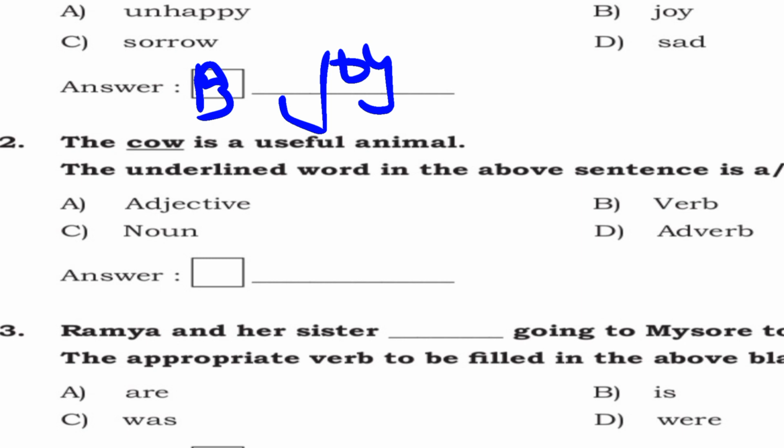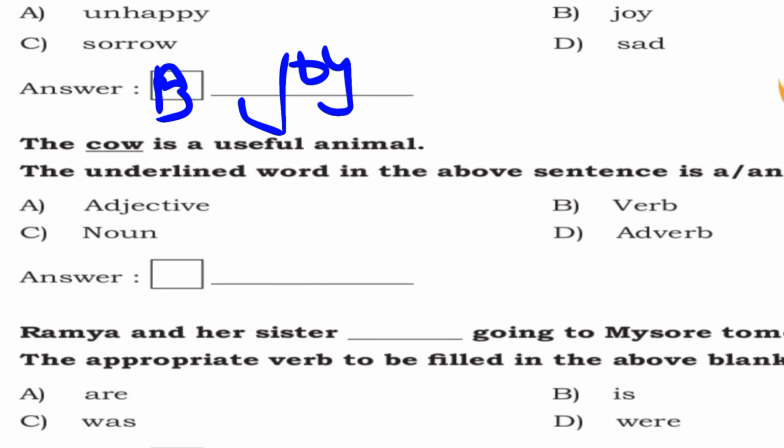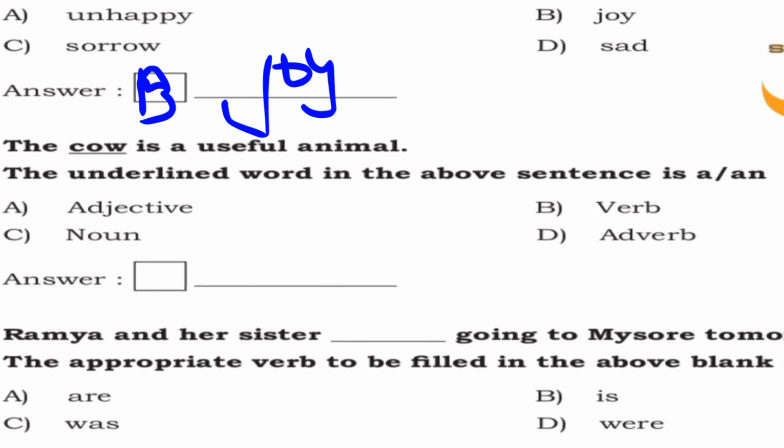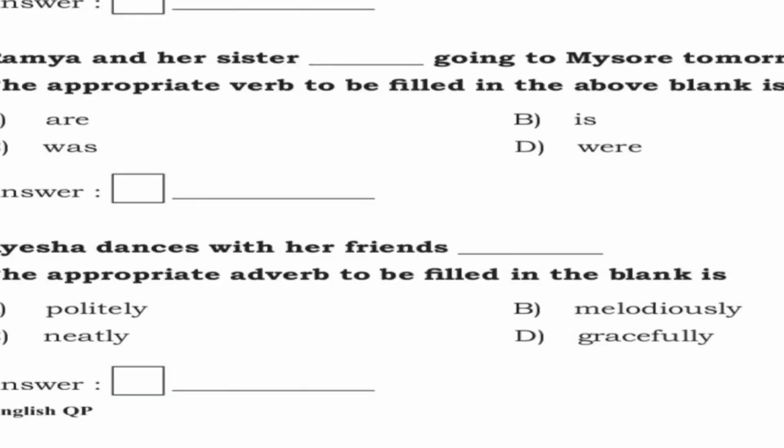What would be the right option? Noun. Noun is nothing but the name of a person, place, thing, or an animal. Bird it would be even. So cow is the name of an animal here, right? So option C is the right option. So you should write here noun. Okay, let's go for question number 3.